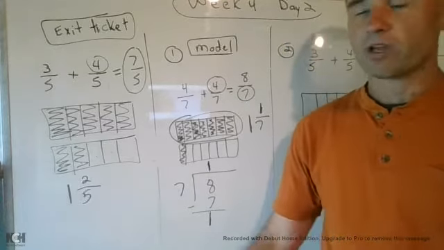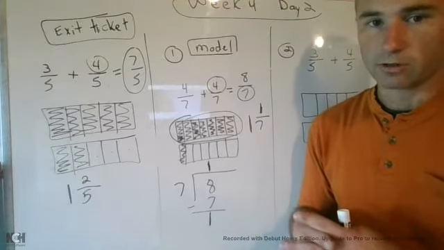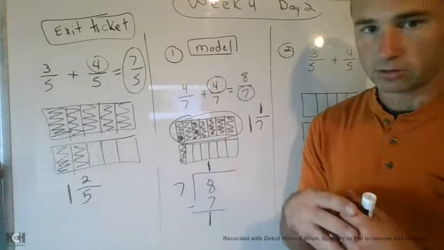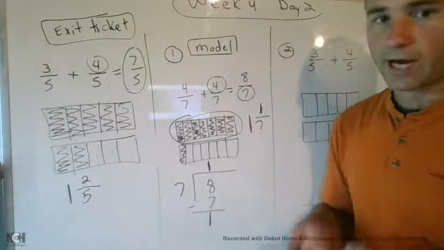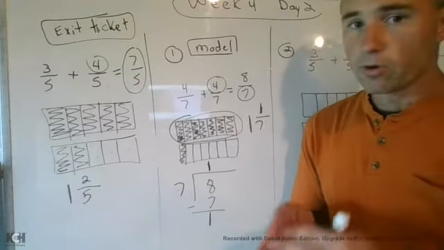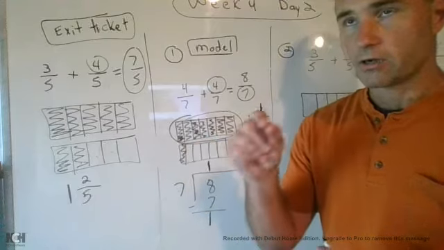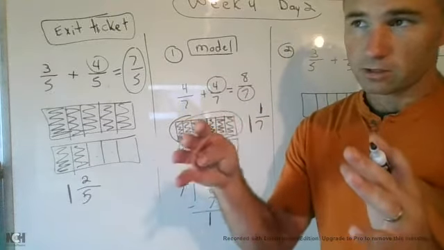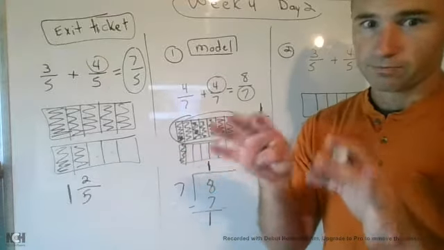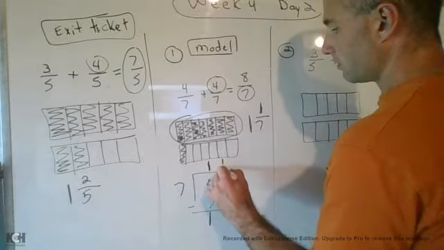Now, typically we say we have 1 and 1 remainder, but we're trying to get a mixed number, a whole number and a fraction. Whole number here is 1. What's the fraction going to be? The numerator is your remainder. Numerator, remainder. Kind of close, I guess. So that's going to be 1.